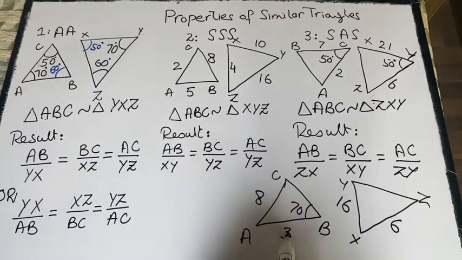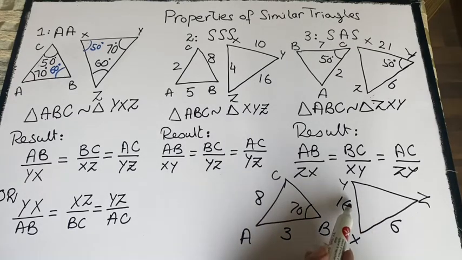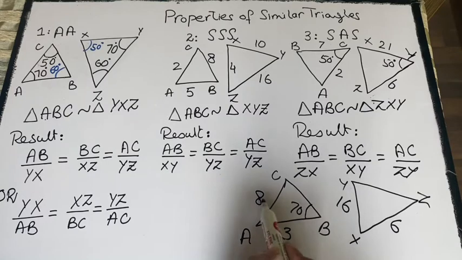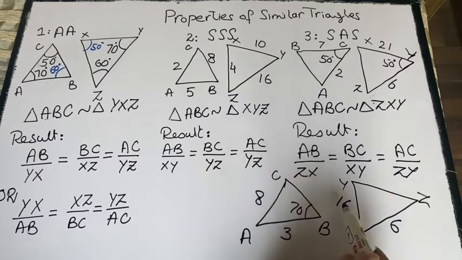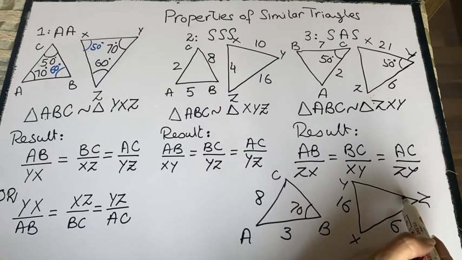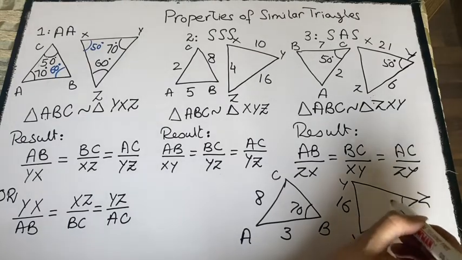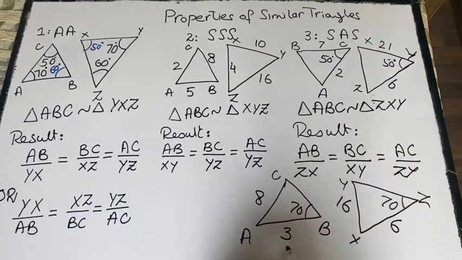If you see two sides are proportionate here, 3 2s are 6 and 8 2s are 16, and the angle opposite to 8 is 70 degrees, so the corresponding angle must be equal. 8 2s are 16, you have the corresponding side which is 16, so the angle opposite to 16 must be 70. Then you can say that these two triangles are similar.